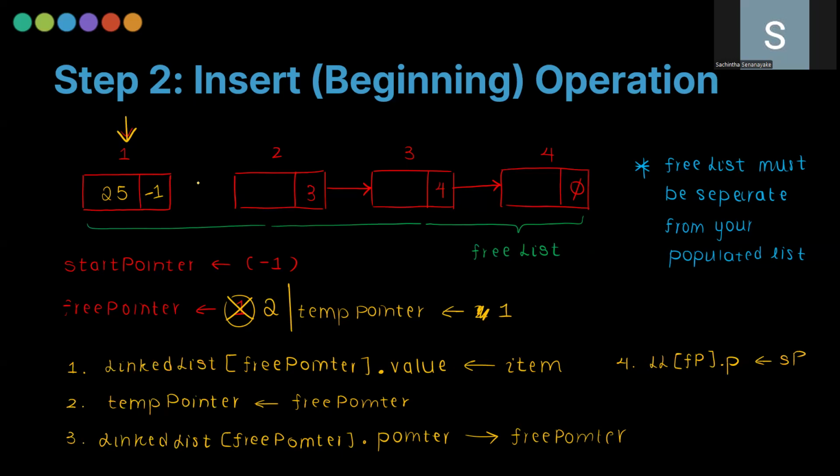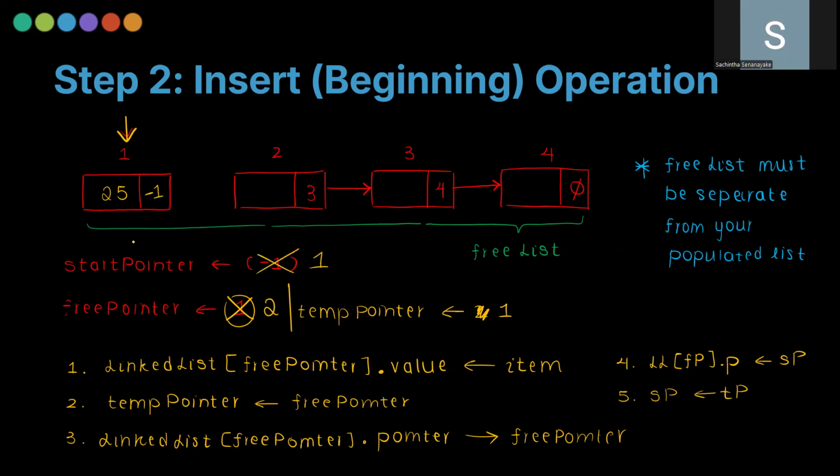And once the start pointer has been used to update this node's very own pointer, the next thing we can do is update start pointer to be that temporary pointer that we copied free pointer into. And start pointer will therefore become whatever temp pointer is, which is 1.